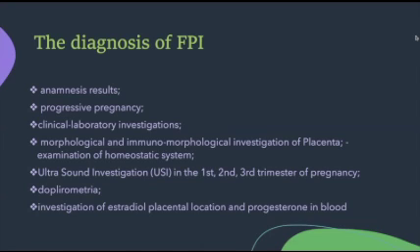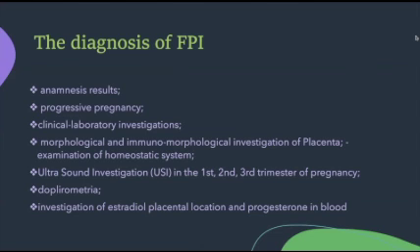Of course, ultrasound examinations must be done in the first, second, and third trimester, and Doppler must be done, and I will talk step by step about these diagnostic forms. Also, investigation of estradiol, placental lactogen, and progesterone in blood.